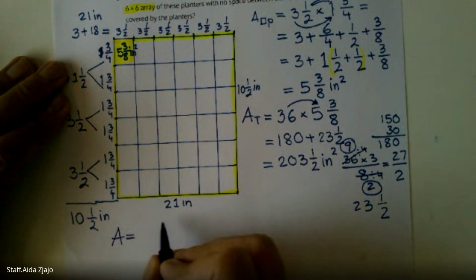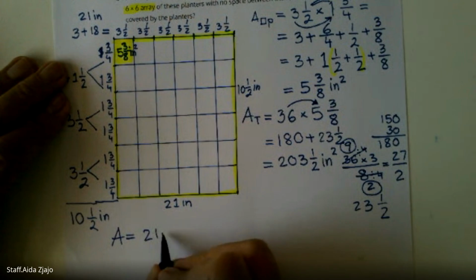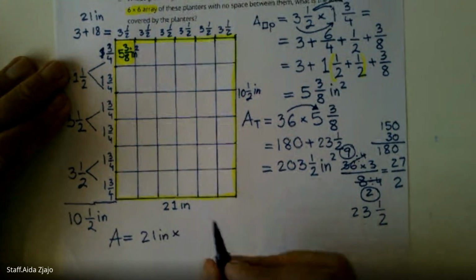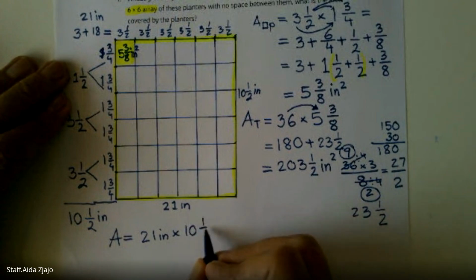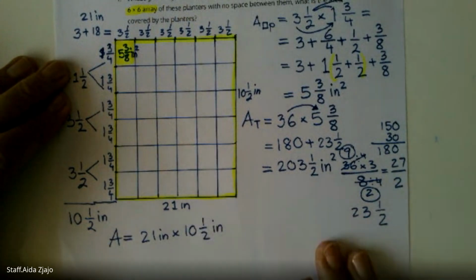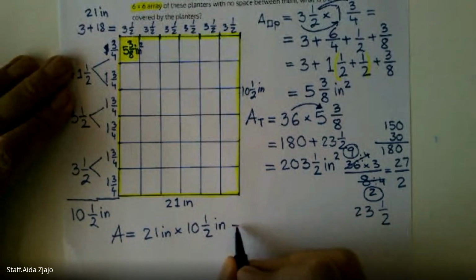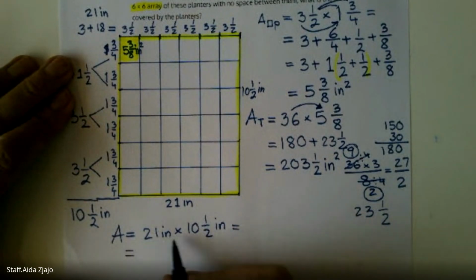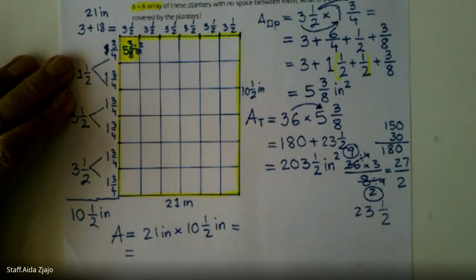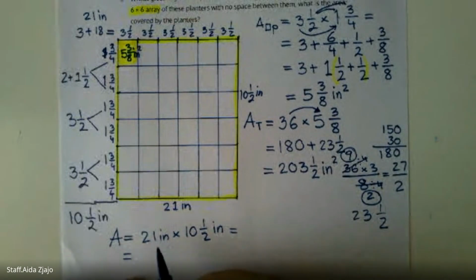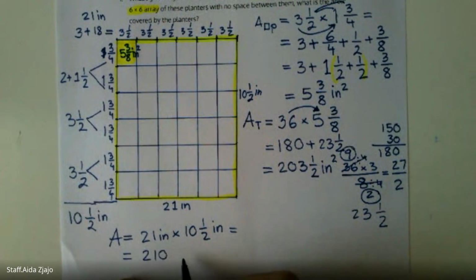Area equals 21 inches times 10 1/2 inches. So now when you do that, 21 times 10 is 210, plus, 21 times, what is half of 21? It is 10 1/2.